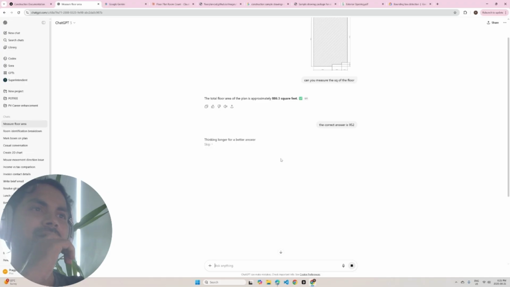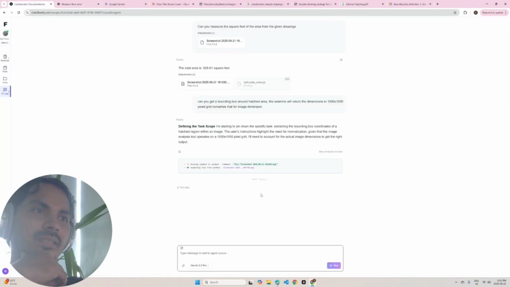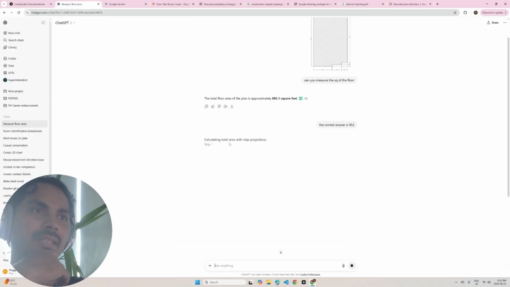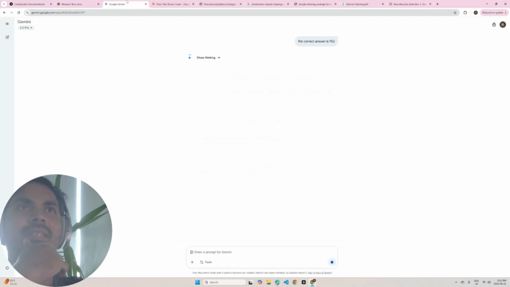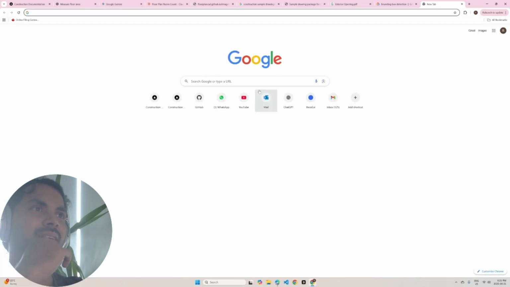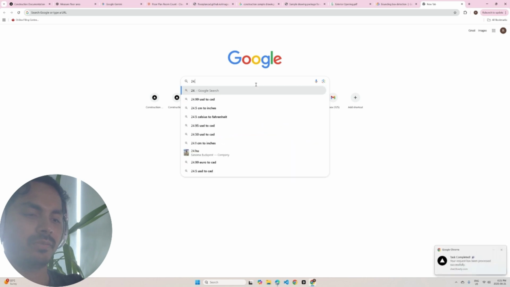Okay, thinking longer. This one is trying to do its own thing. This one is thinking. Gemini said it's 9. It doesn't agree with me when I say it's not mathematically possible. Interesting. So 24.5, 34.5. So the maximum area it can have is 24.5 multiplied by 34.5, right?